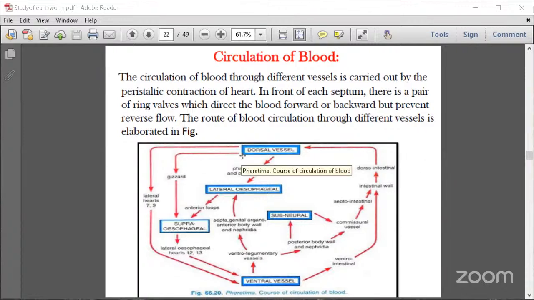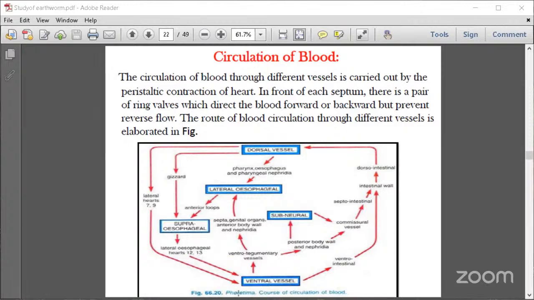dorsal vessel. Through the dorsal vessel, there are three ways. One is pharynx, esophagus, and pharyngeal nephridia. From there, at the lateral esophageal, it goes to the anterior lobes, going to the supraesophageal region.